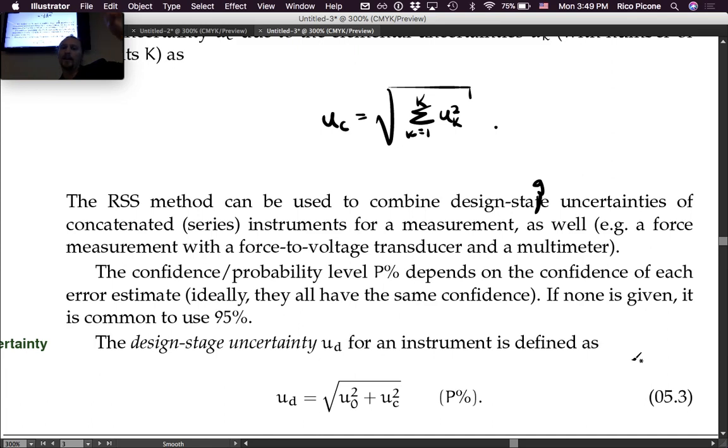These all have some confidence or probability level associated with them. Now, we're mostly looking these values up in the spec sheets, right? So if no confidence level or probability is given, which is really common, it is common to use 95% as the percent confidence in that value.